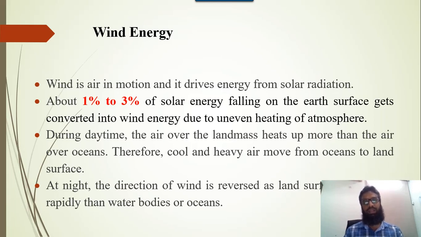So the air moves from the cool side to the hot side. From the ocean, the air moves toward the land. This motion of the air is known as wind, and when it hits the wind turbine, the turbine starts rotating.